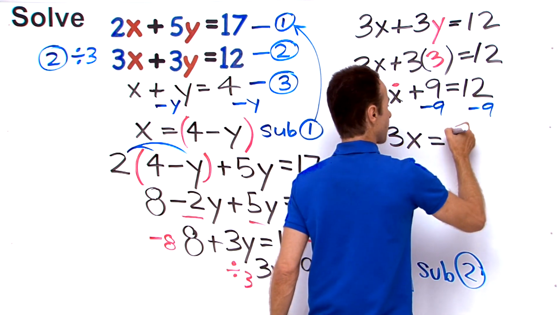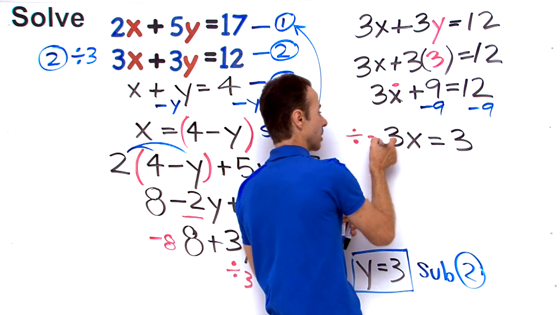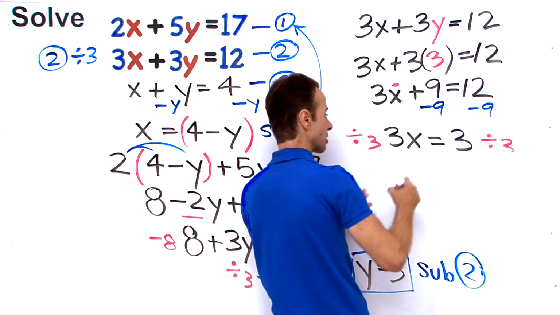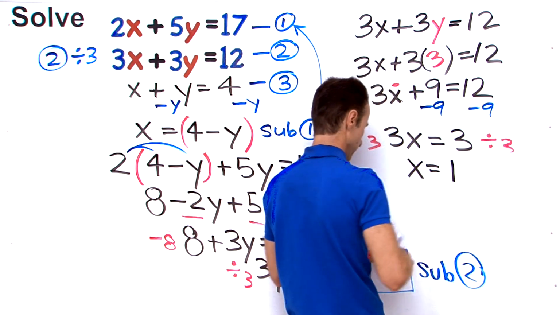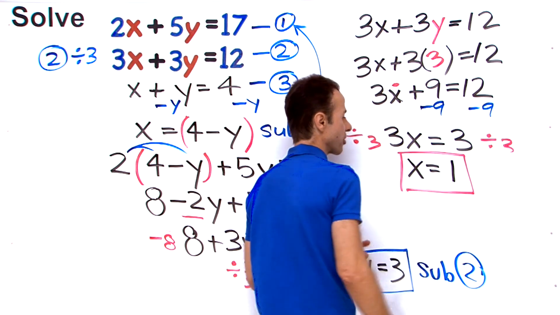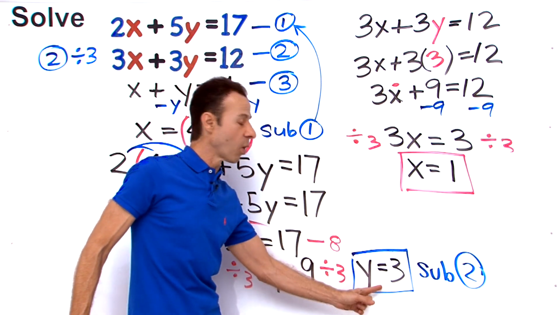That's going to give us a value of 3. Now all we have to do is divide both sides by 3. So 3x divided by 3 is just x, equals 3 divided by 3 is 1. So x equals 1. So the two unknown variables, now we know them. x equals 1 and y equals 3.